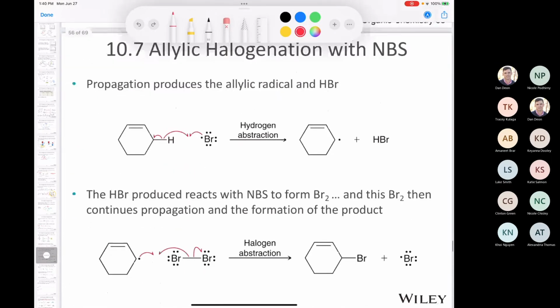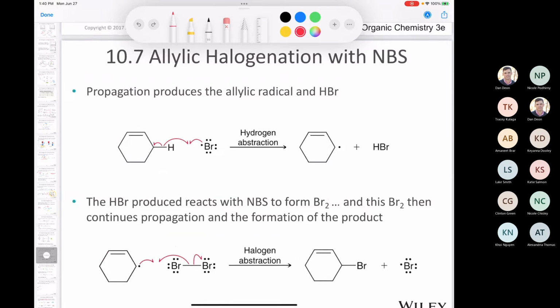And so the bromine radical will abstract a hydrogen from the allylic position to form your allylic radical. And then you only make a little bit of HBr, right? You'll only make HBr when this happens. And then there's a mechanism that's not even covered in our textbook, but what happens is that this HBr that's made from that first step reacts with the NBS.